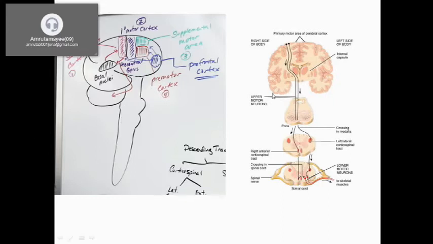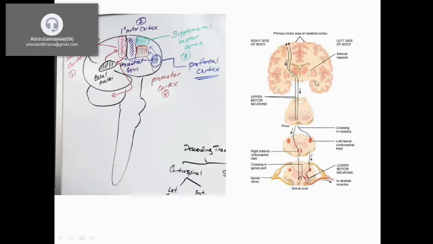Now here in the right diagram you can see these fibers arising from the primary motor cortex or motor areas coming down and entering into the brain stem, and then to the medulla oblongata, and then to the spinal cord.